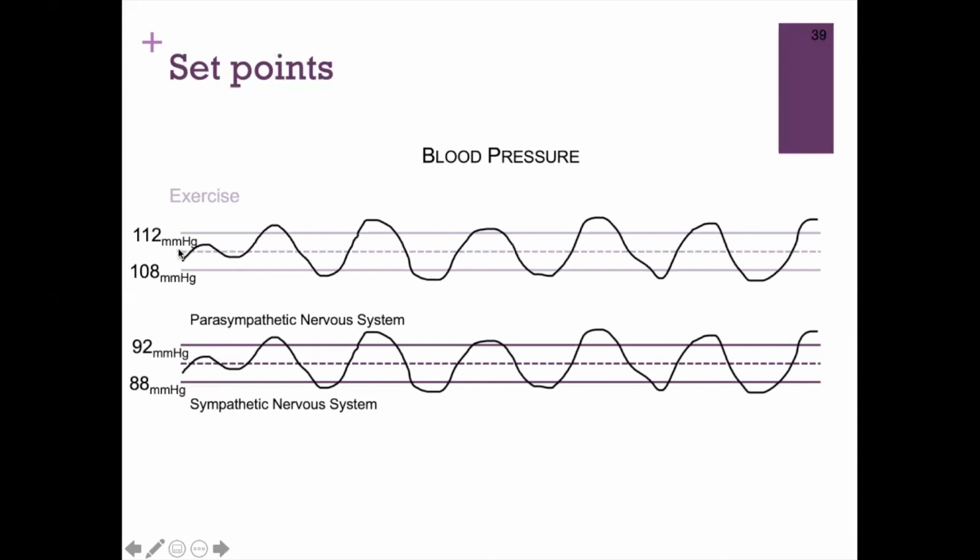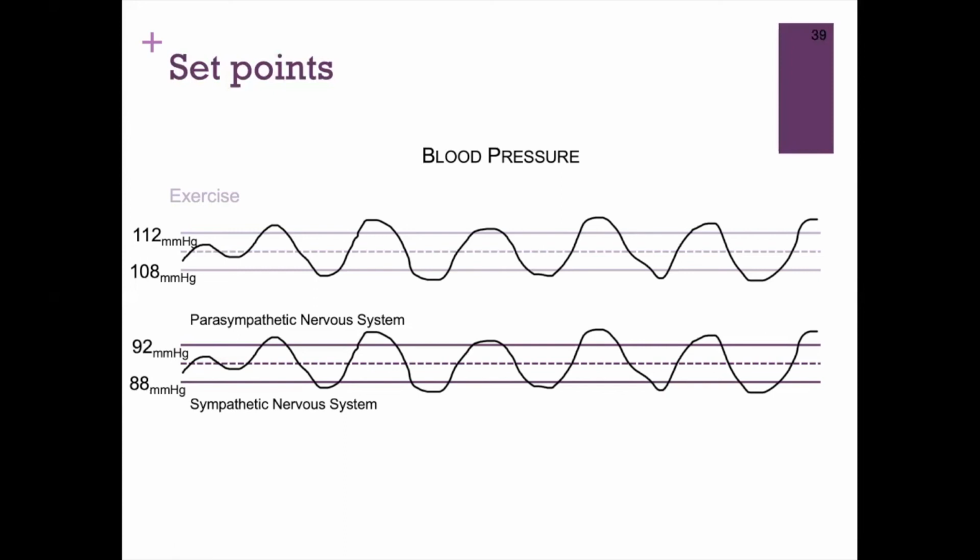So if I'm starting this saying I need my millimeters of mercury to be up here at 110, but right now I'm reading down here at around 89, what I'm going to have to do is increase this sympathetic activity to get up to this 110 millimeters of mercury. So I do a sudden increase in my sympathetic nervous activity, right? Until I get to the 110.